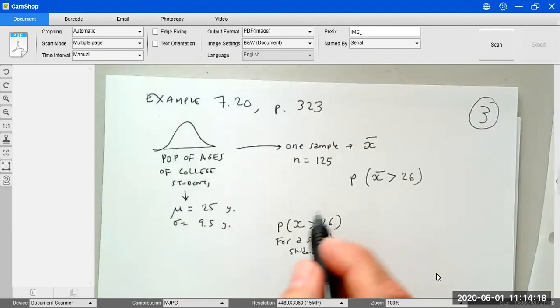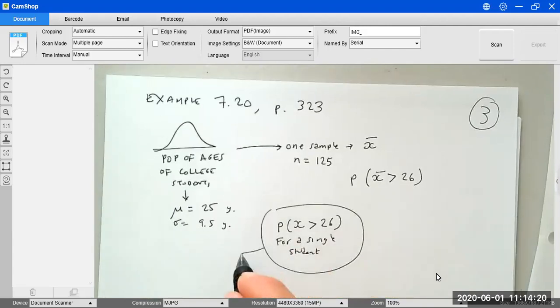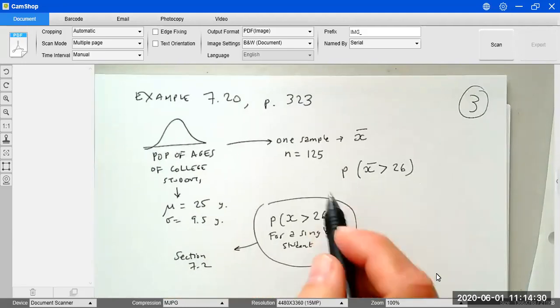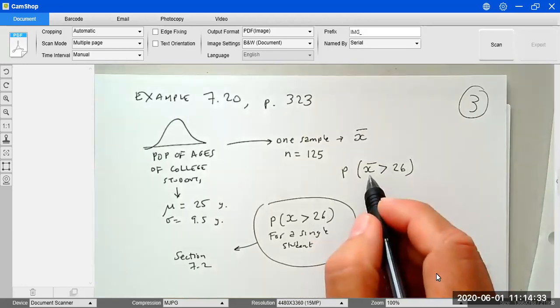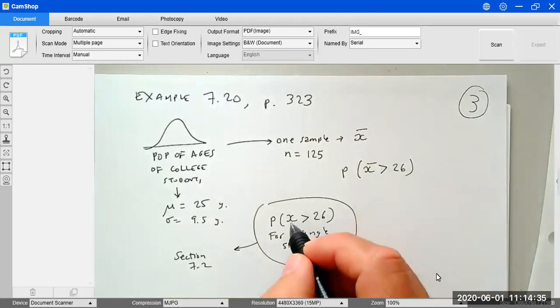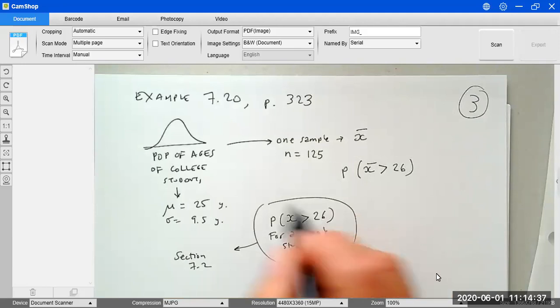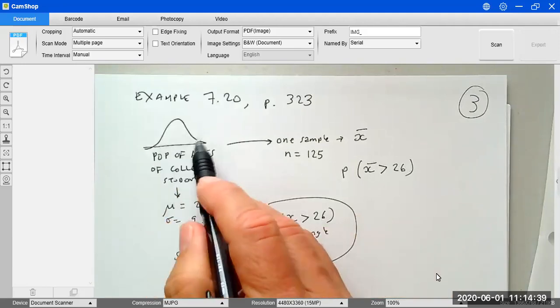That is something we covered in the previous section, section 7.2. Now section 7.3 is that we are interested not in the probability that a single individual is going to be greater than 26 if you get an individual from the original population. No.